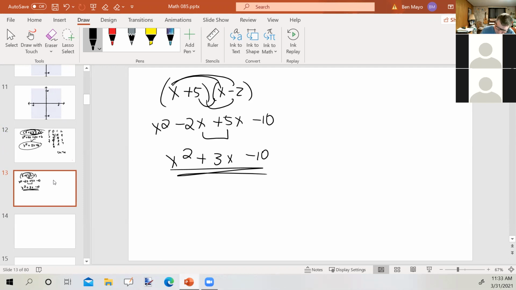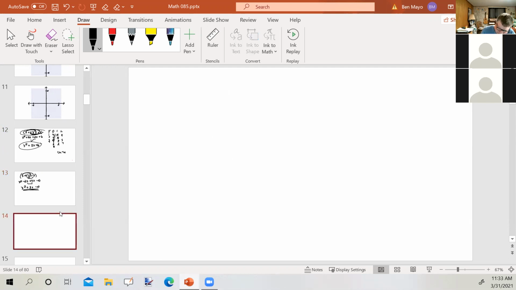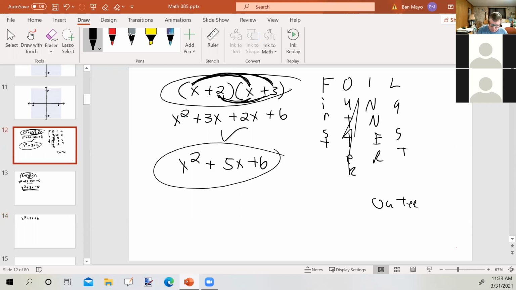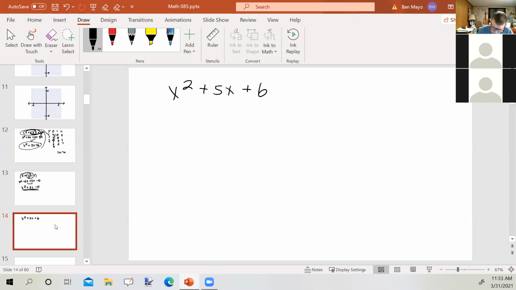Okay, so now let's take x squared plus 5x plus 6, and let's pull it apart into two factors, both of which are binomials. So basically, we're going to take this problem and go back the other direction. Well, where does this come from?